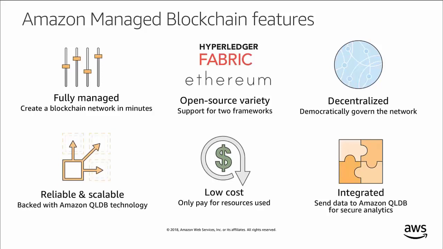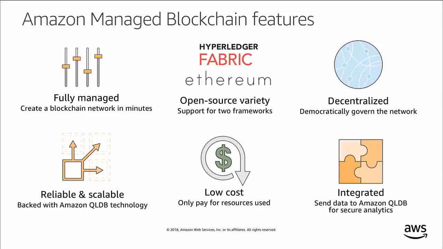It offers two open source frameworks, Hyperledger Fabric and Ethereum. We'll go into those more later in the presentation, but they cover a wide variety of use cases and offer different smart contract programming languages as well.